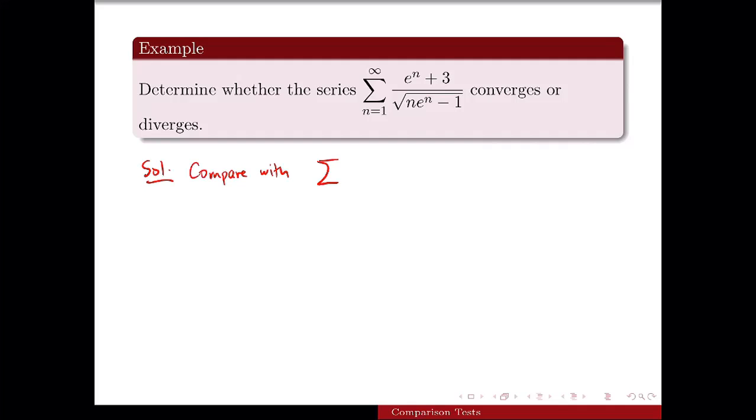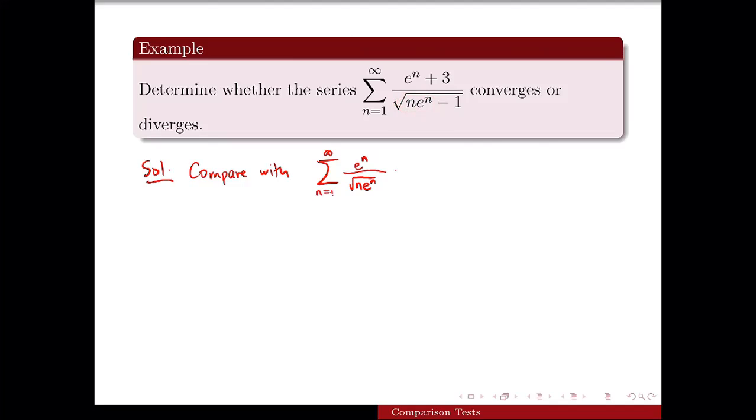In the numerator, e to the n contributes the greatest. The denominator, you use square root of n e to the n. That's a product here, so you also use that product. And then here, n from 1 up to plus infinity.